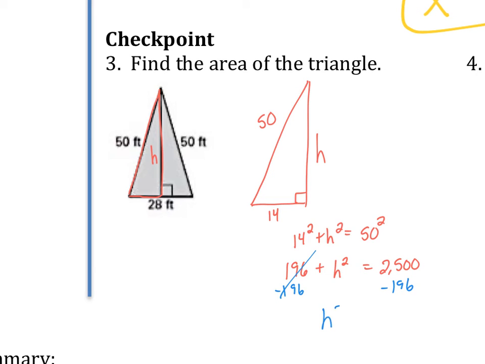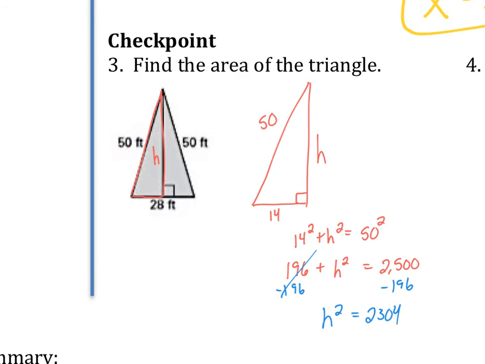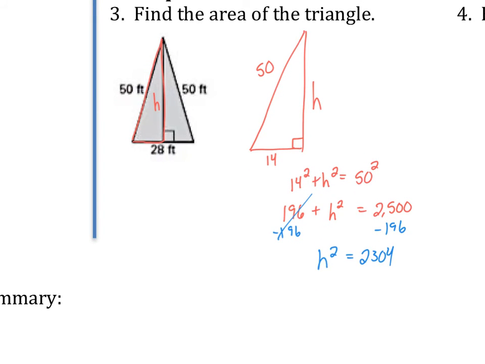Subtracting 196 to get h squared equals 2,500 minus 196, which is 2304. And then to get h alone, we take the square root. So h equals the square root of 2304. H equals 48.